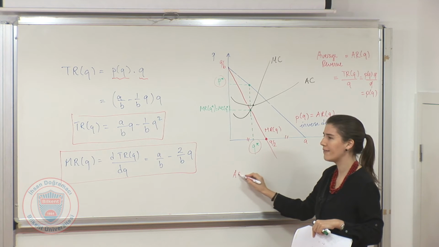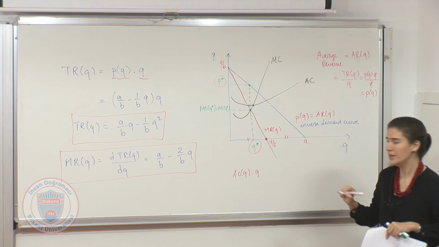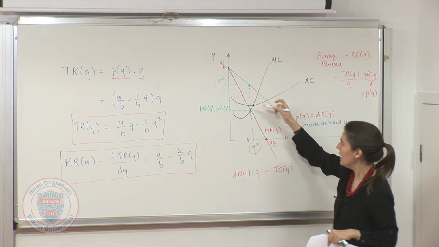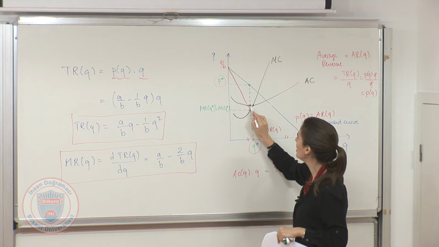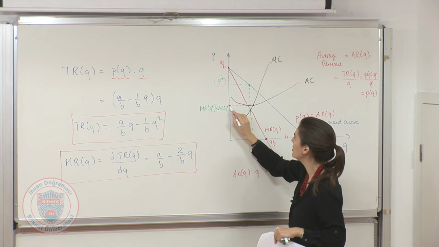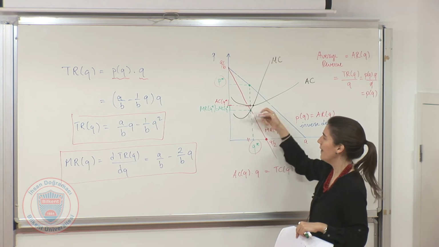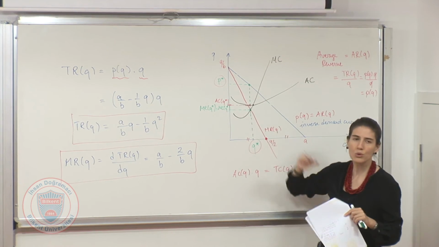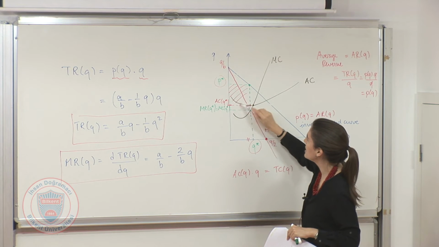It's average cost times Q. This point is average cost at Q star, so average cost times Q star would be my total cost. Therefore, my profit is this area.